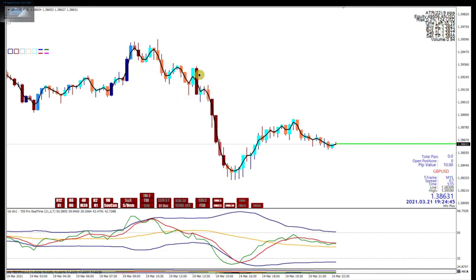The same is applicable here with the bull candles and the bear candles. The darker the candle, the more volume there is, and you can see this volume here is reflected in the shark fin, and isn't that where you find volume? There's a shark fin there. There's a dark candle there.